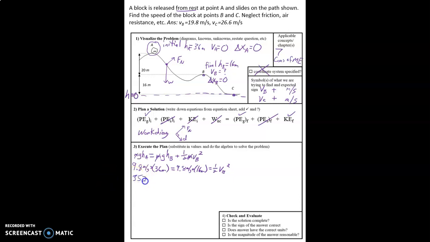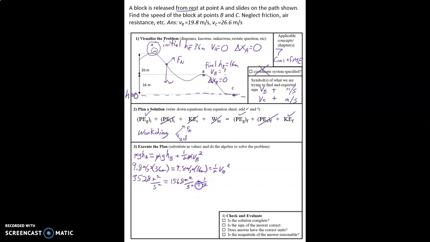What are the units? We've got meters per second squared times meters, so we get meters squared per second squared. And on the other side, same units but a different number. It's going to be 156.8 meters squared per second squared.